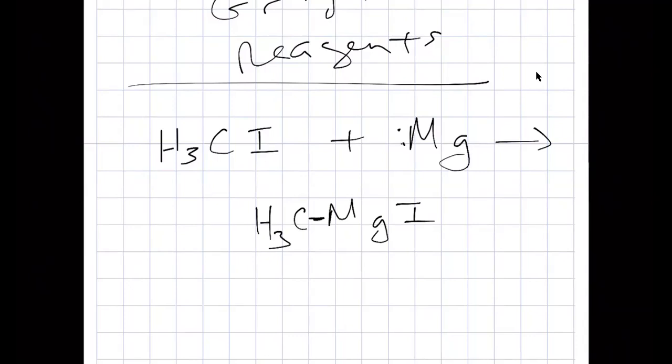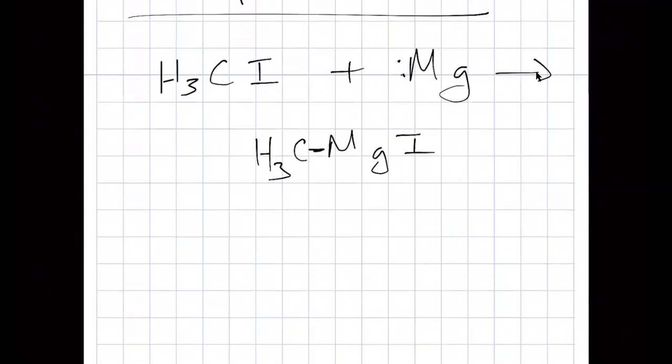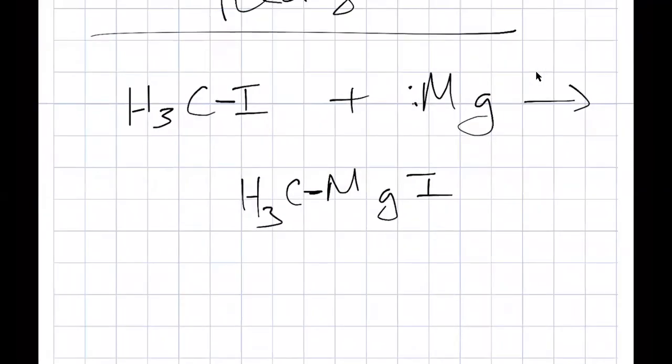Now let's look at how it happens. You have this carbon-iodine covalent bond, and what magnesium does is basically donate one of its electrons and facilitate a homolytic cleavage of that carbon-iodine bond.